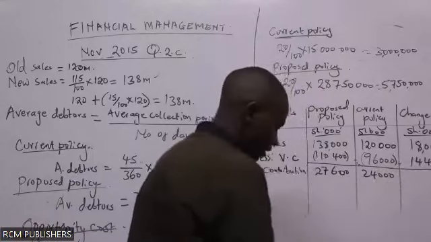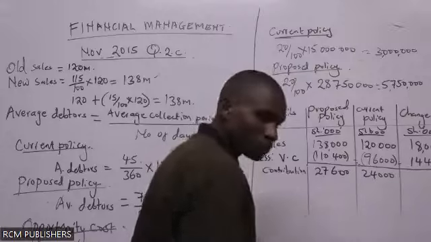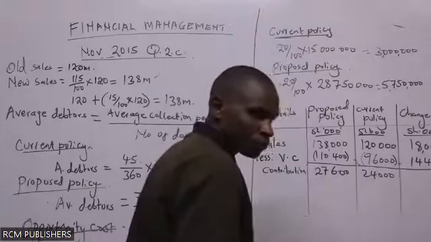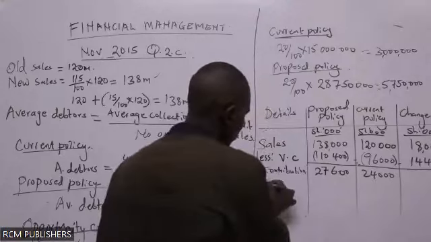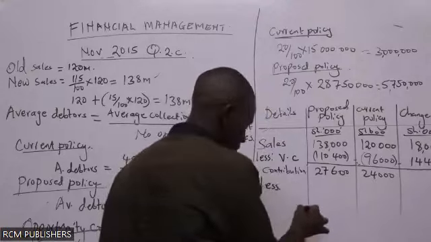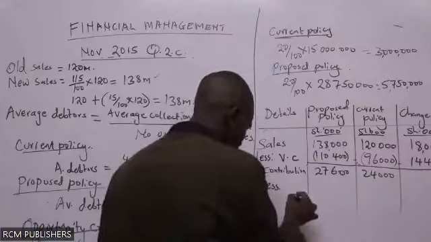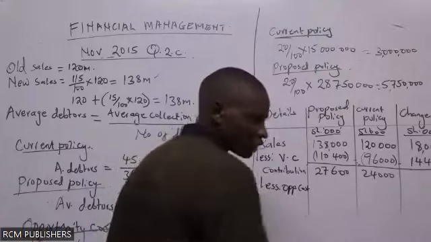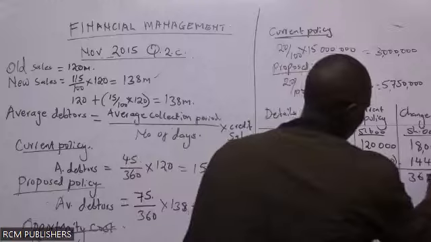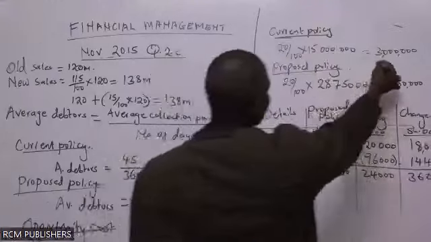Then give me the change, so that we raise our opportunity cost. That's 3,600. Let's raise our opportunity cost.